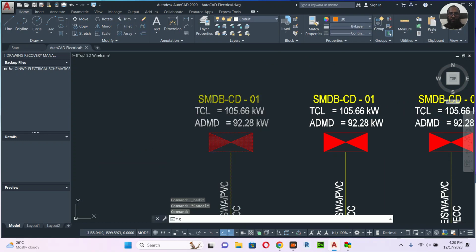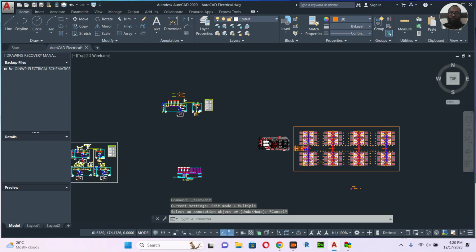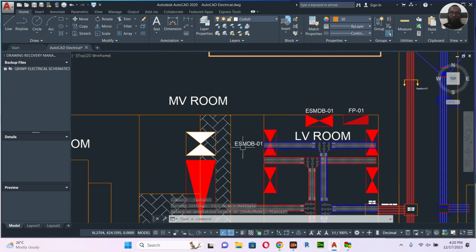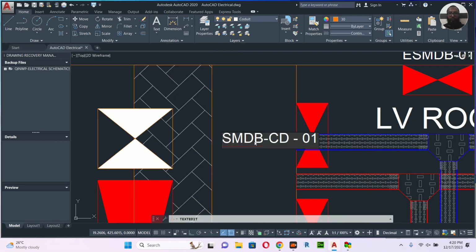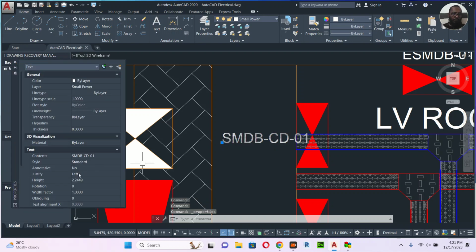Let's click X, enter, double click, copy. So let's put this one. It's big. Okay, let's go to the properties, and width factor I will make 0.6.